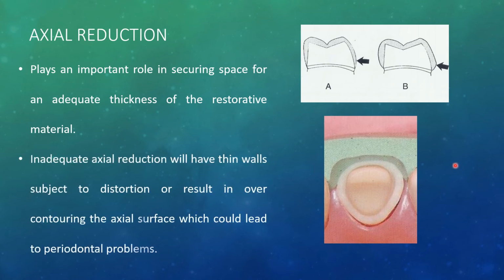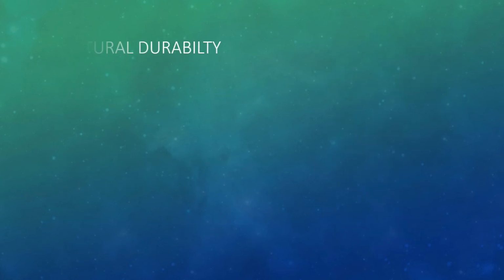Inadequate axial reduction will have thin walls, which are subject to distortion or result in overcontouring of the axial surface, which would lead to periodontal problems. So any inadequate reduction anywhere would definitely affect the periodontium. To be taken care of seriously.